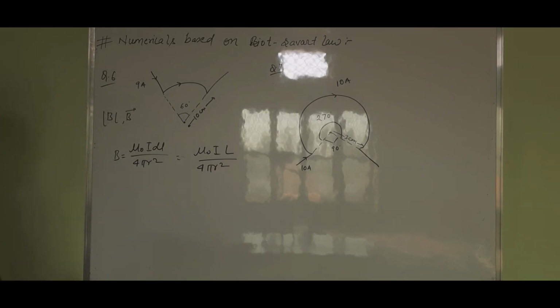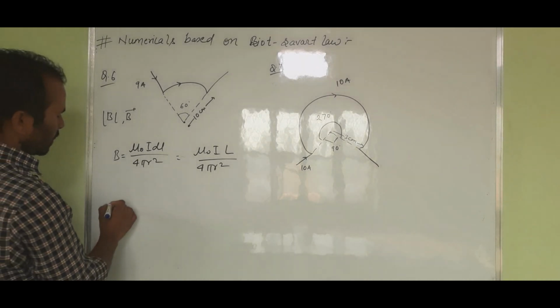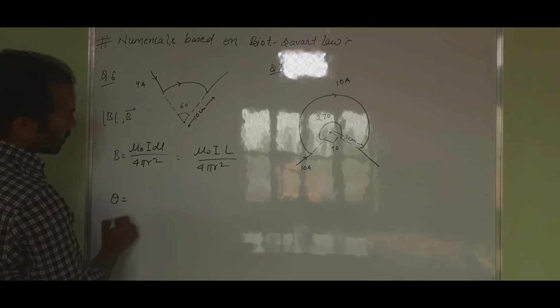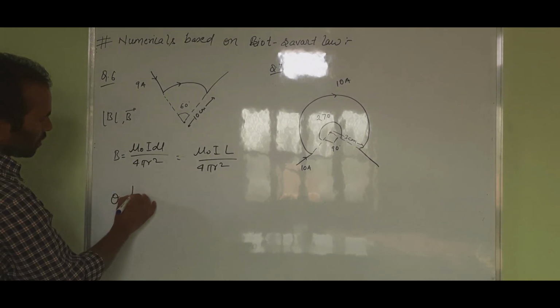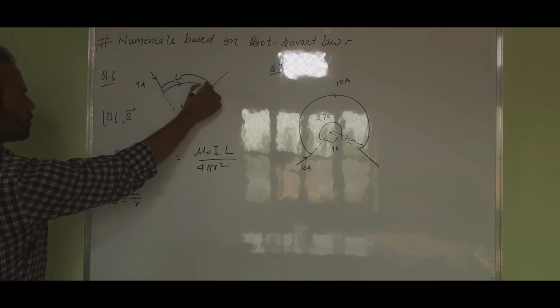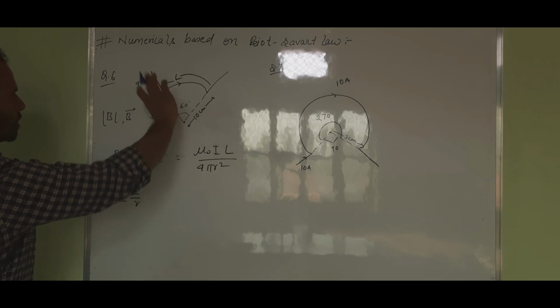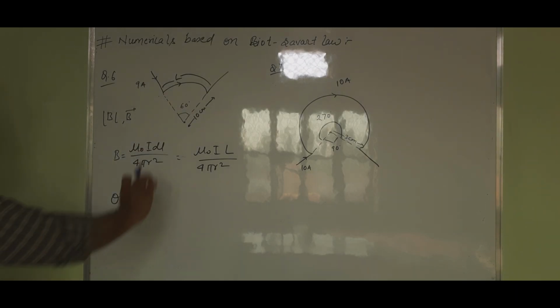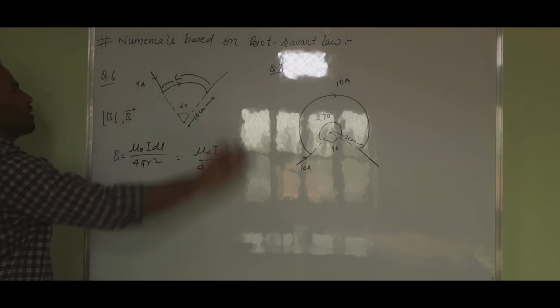We know that theta in radian can be obtained as L upon R, where L is the length of this arc and R is the radius till the center of this arc.